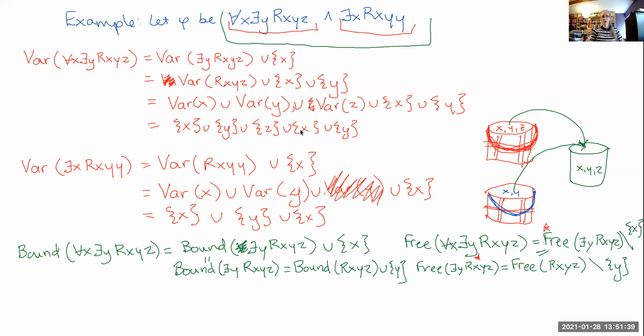We're beginning to run out of space just a little bit, but I can still get in what I want to do. So the bound variables of an atomic formula R(x, y, z) just are the empty set. There are no bound variables. So this means that the bound variables of the entire formula are going to be y and x.